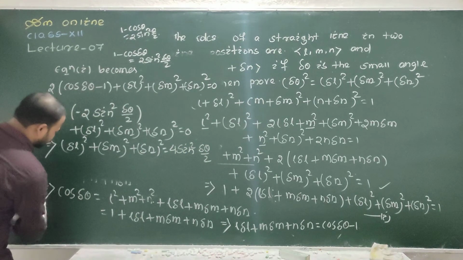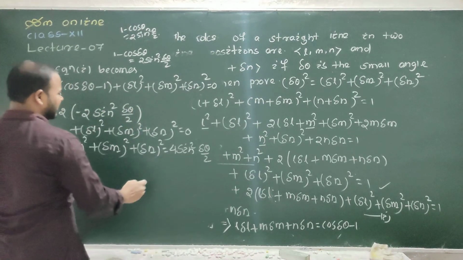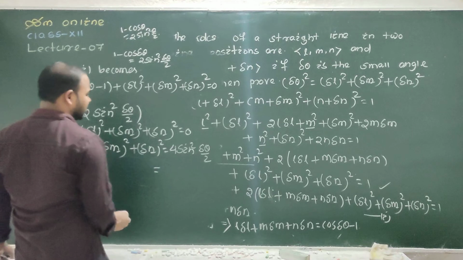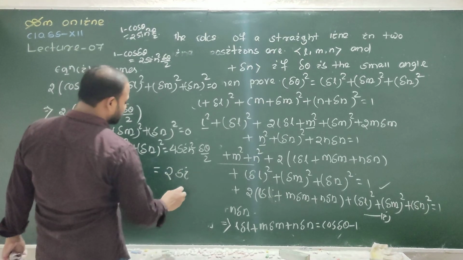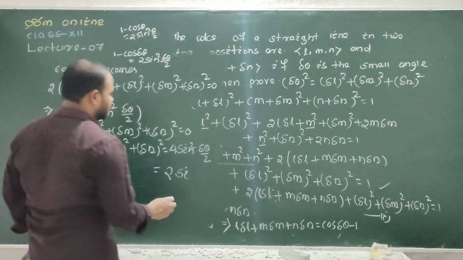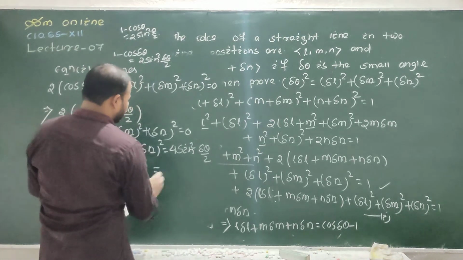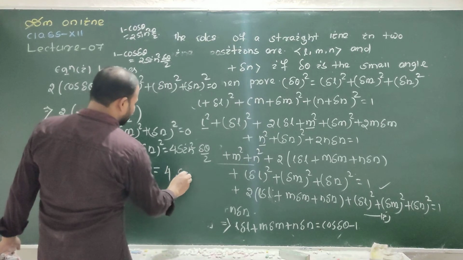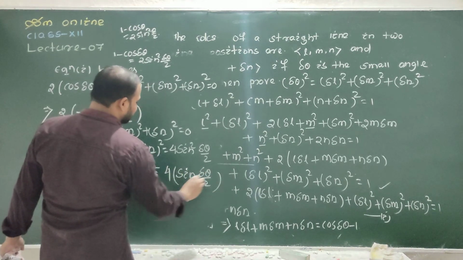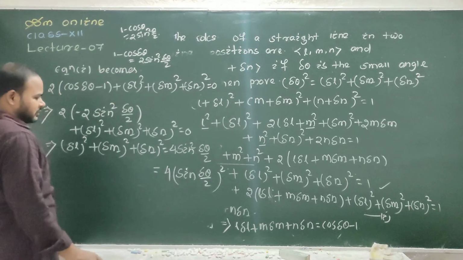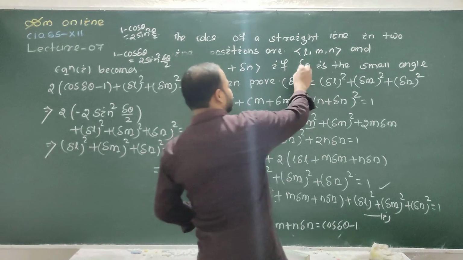Okay, and I write here 4 sin square del theta by 2 equal to what? This is 4 into sin del theta by 2 whole square. Okay, and here this is an important point.